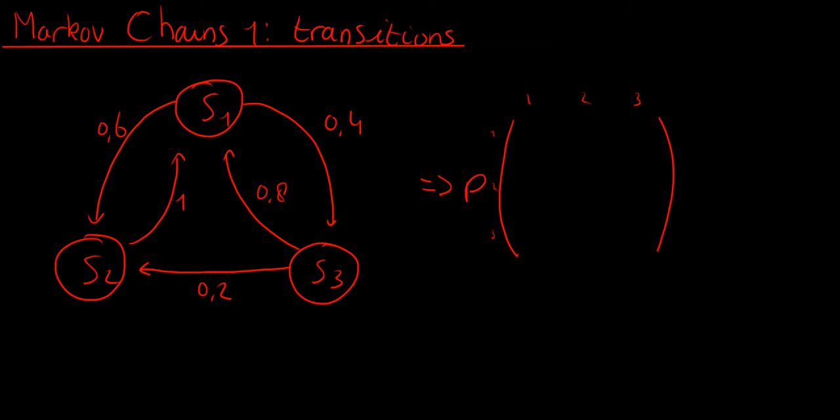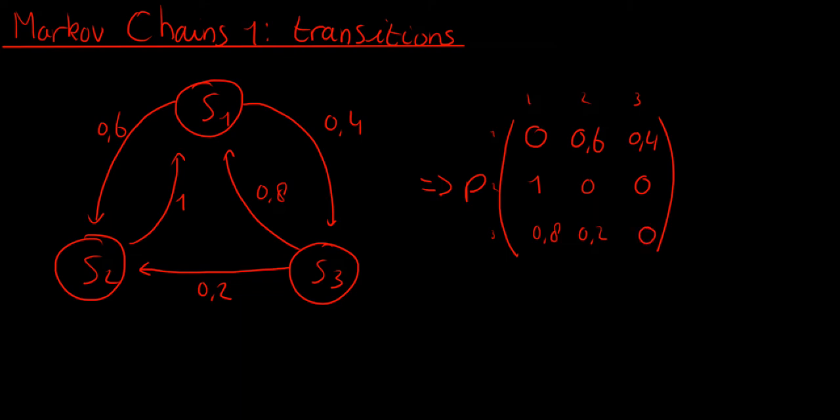So from state 1 to state 1 there is no weight, so it is 0. From state 1 to state 2 there's a probability of 0.6, and from state 1 to state 3 we have a probability of 0.4. From state 2 to state 1 it's 1, 0, 0, and from state 3 it's 0.8, 0.2, and 0.